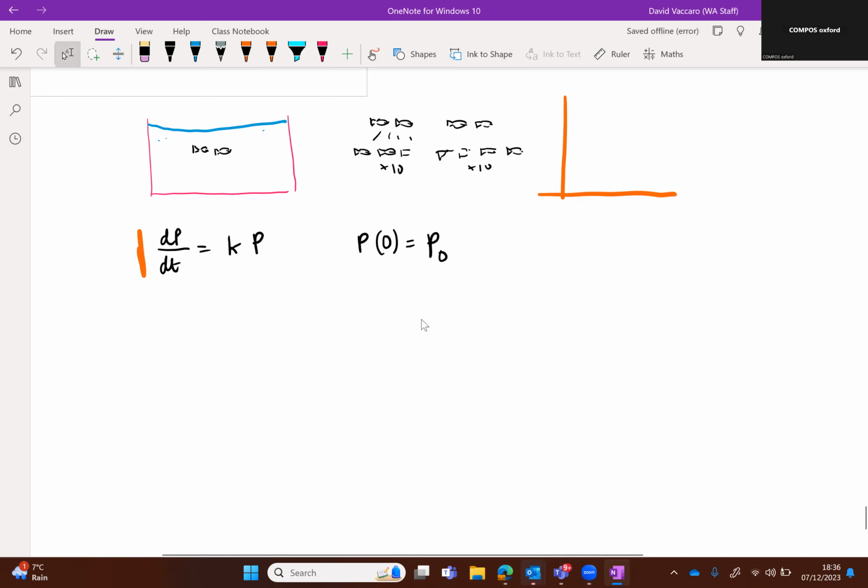Exponential growth, we know, looks like this. And in the short term, that seems likely. But why would unfettered exponential growth not be a good model in the long term? What would happen if you just let exponential growth grow and grow and grow?